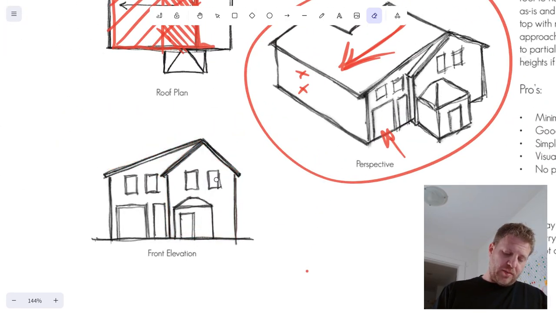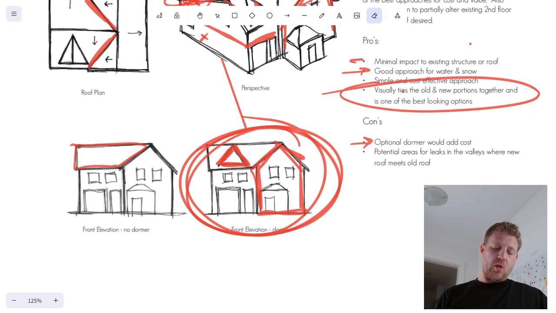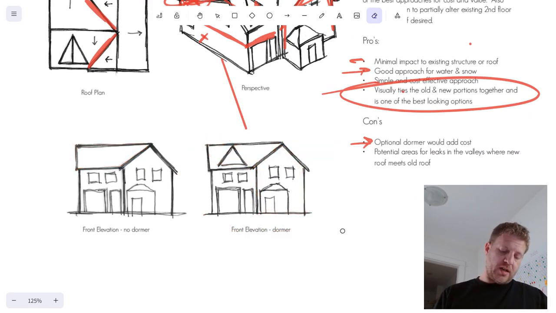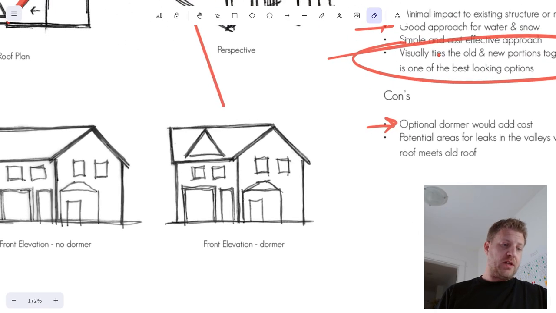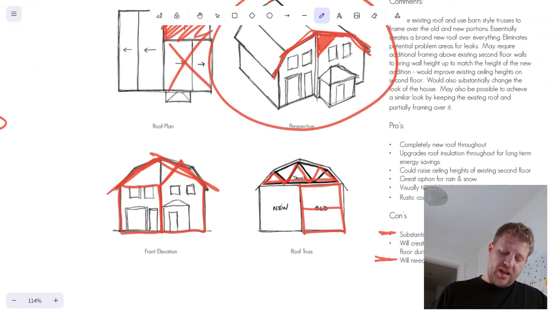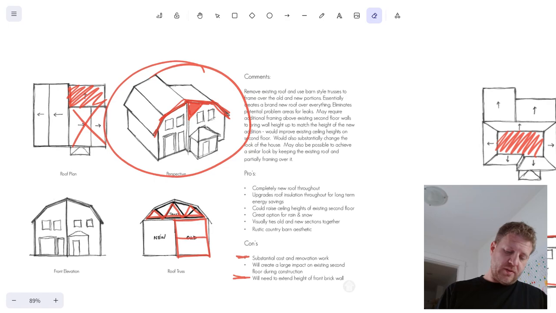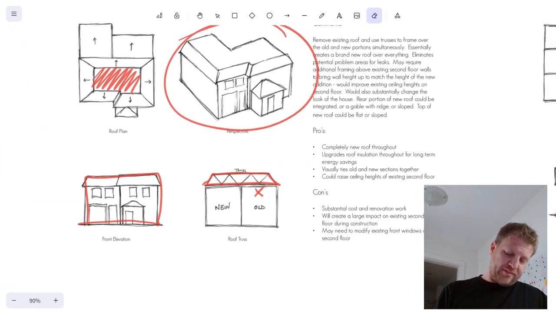Don't love this. Is it a little better? I don't know. Maybe that's worse actually. Don't love it. This is certainly looking more like a house, more of a traditional house. This one here, visually this one's my favorite for sure. The barn style, I mean, it could work, whatever. This one, don't love it.